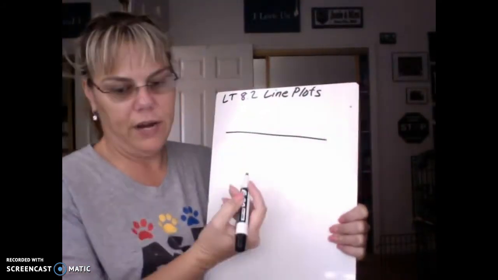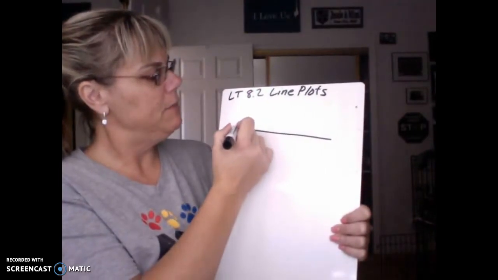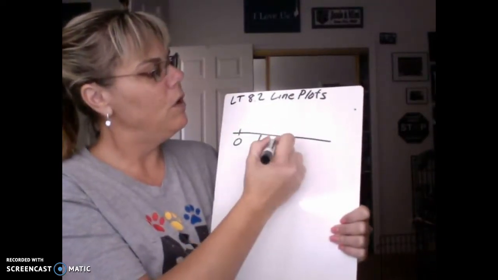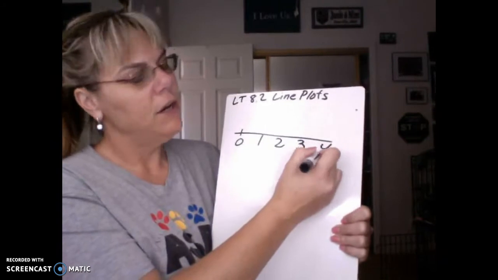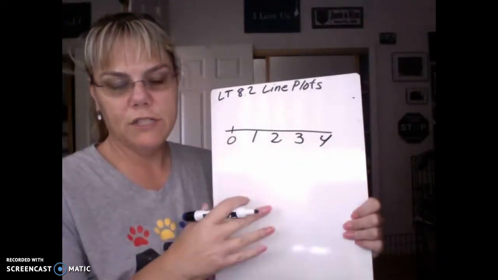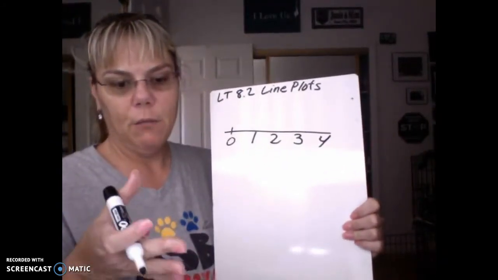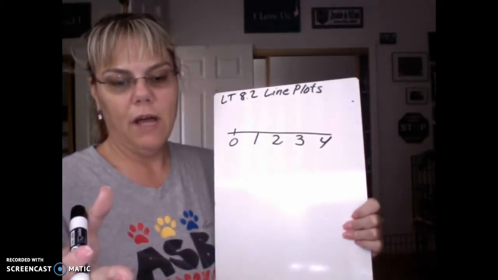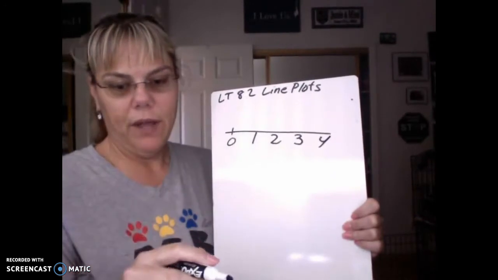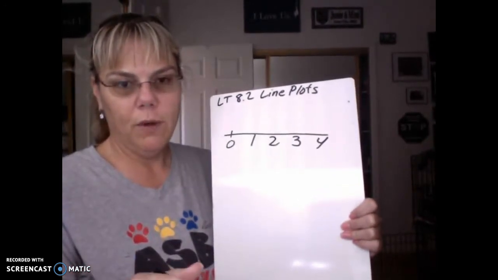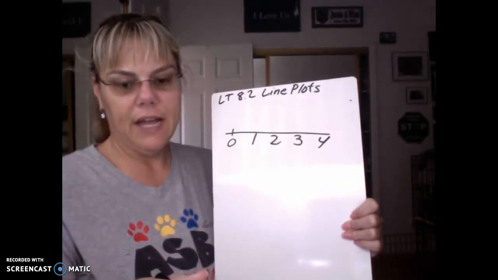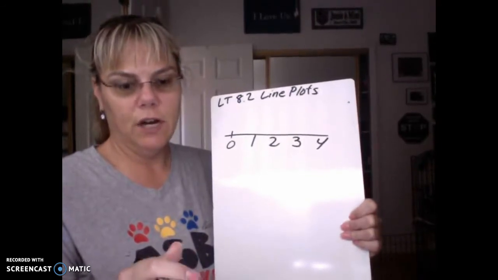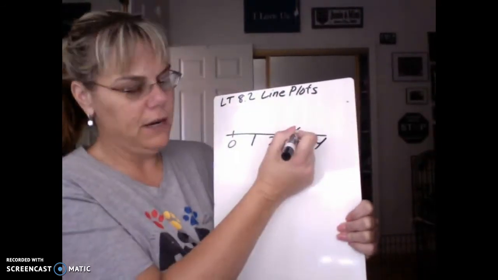I'm going to have to create one. So my number line is going to be 0, 1, 2, 3, 4, because those are all the numbers I have in that box there, number of pets, right? I'm going to go through all of my data and make an X each time there's a number. So I've got a 3, I'm going to cross that off.